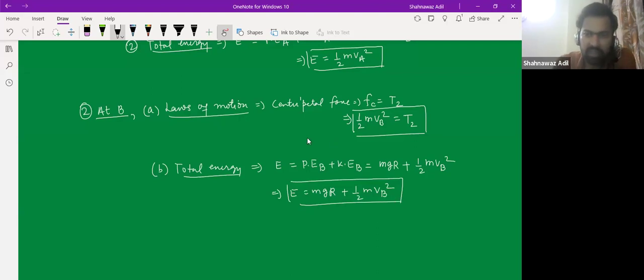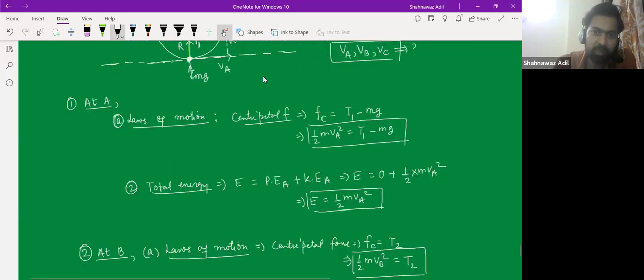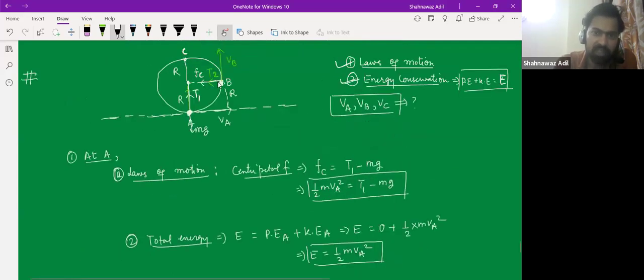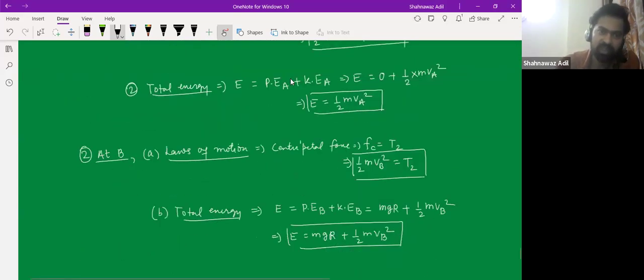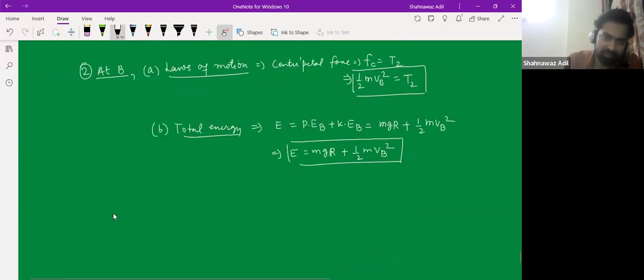Right. So this is the thing. And then if I reach this point, so what is the idea? So at C, what do I have? I have laws of motion.